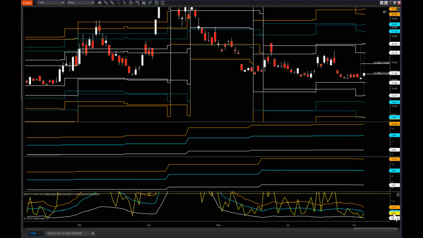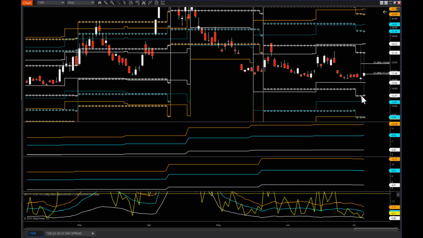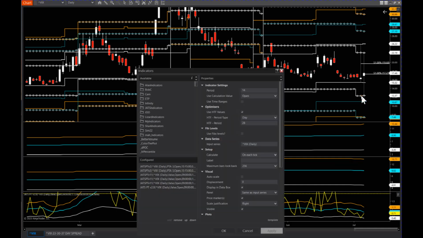So that's your daily range. So we can anticipate, the market closed at 1748 right here. The mean for the 28 day, is this the 28? I think it is. We're right in the middle of the mean for the 28 day.